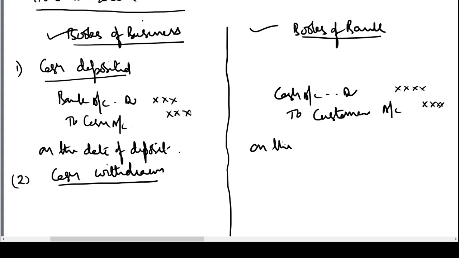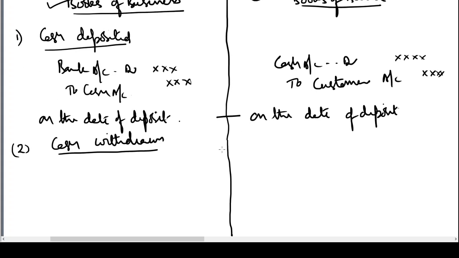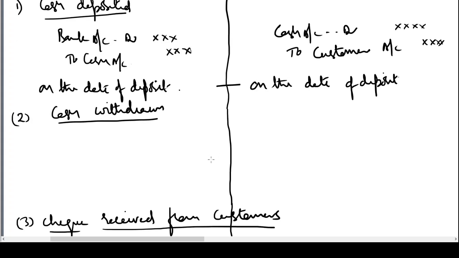On the date of deposit itself. So this entry is normally recorded on the same day in the books of the business and also in the books of the bank. So this transaction generally is not a reason for the difference in the balances that may be shown in the books of the business and in the books of the bank.